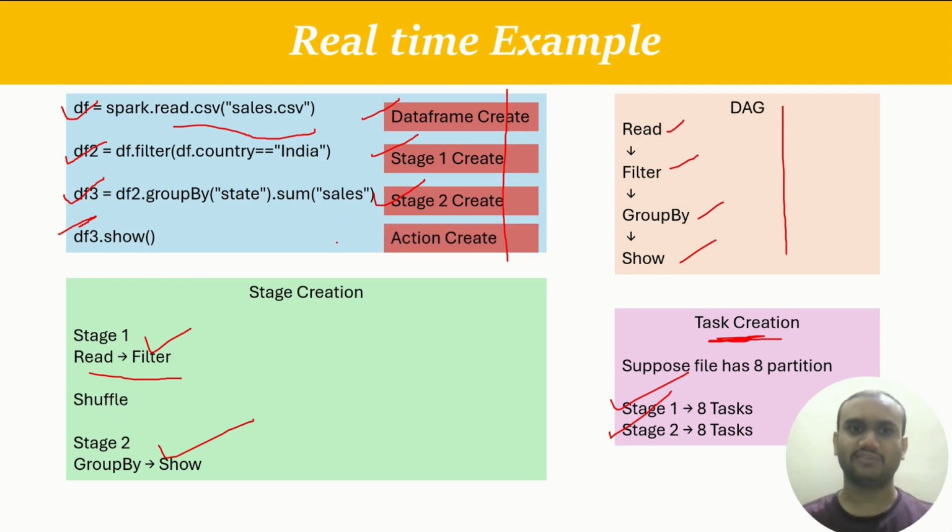And the final line of the code is called the action item, or job action, which is created. As soon as this action is called, all of these 3 lines of code will get executed. Until and unless you call any action, Spark just sits idle. It does not perform any of these actions. That is called the lazy evaluation phenomenon.